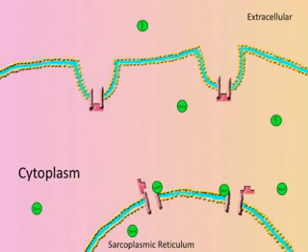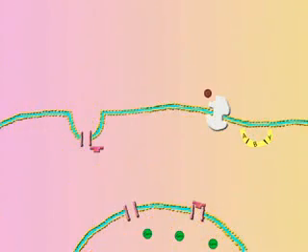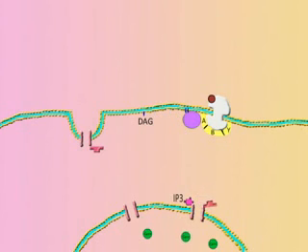In the sarcoplasmic reticulum, or the SR, calcium enters the cytoplasm through channels located in the caveolae. Next, calcium release from the SR can occur either via calcium-induced calcium release and, more importantly, via inositol triphosphate or IP3 activation of SR calcium channels.